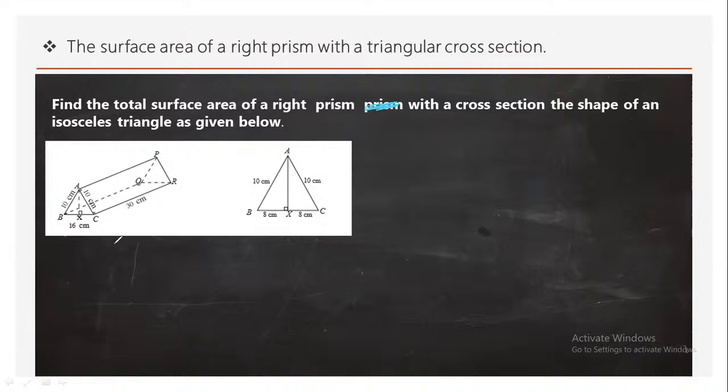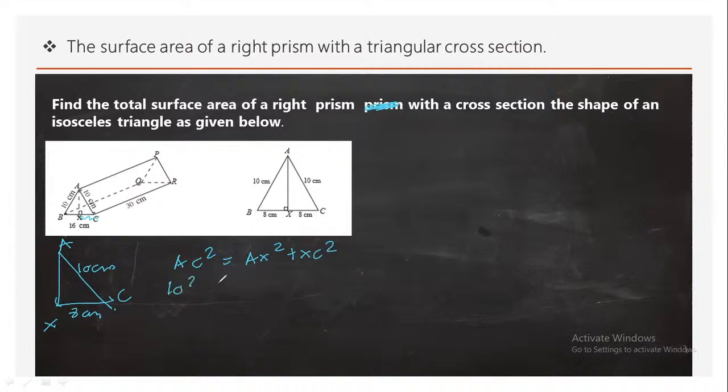Before that, first you have to use the Pythagorean relationship. Half of 16 is 8 centimeter. Now apply the Pythagorean relationship. AC squared equals AX squared plus XC squared.